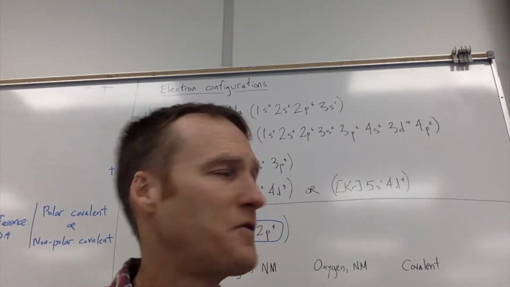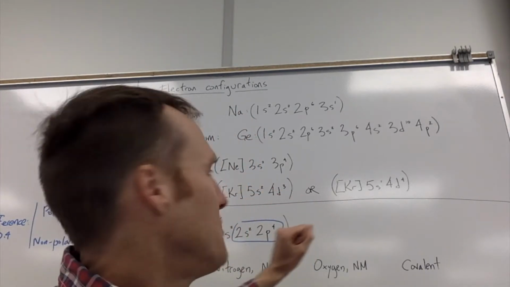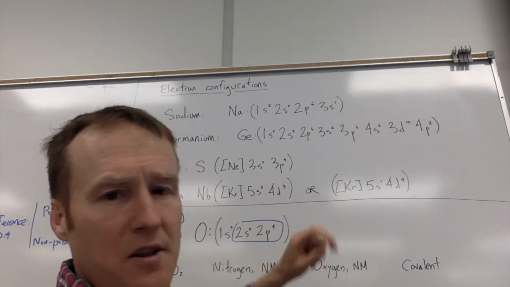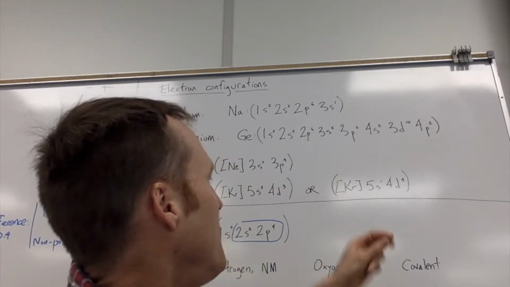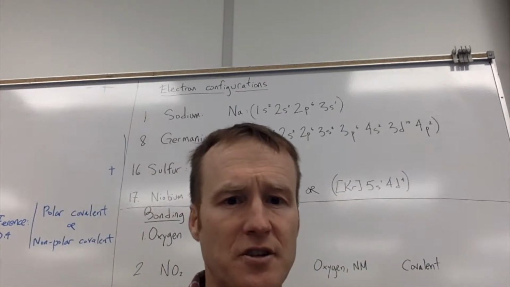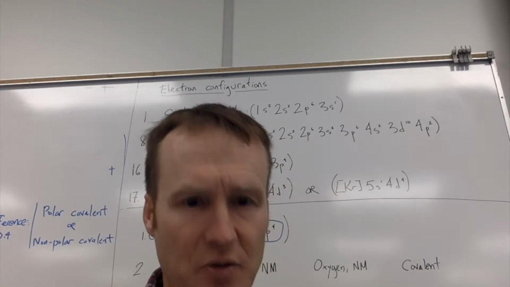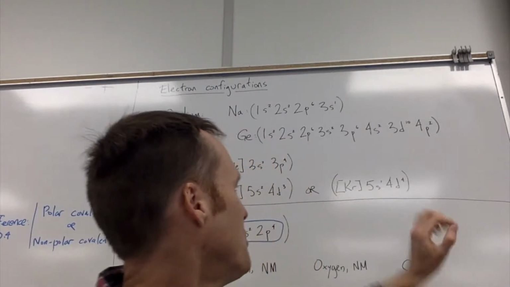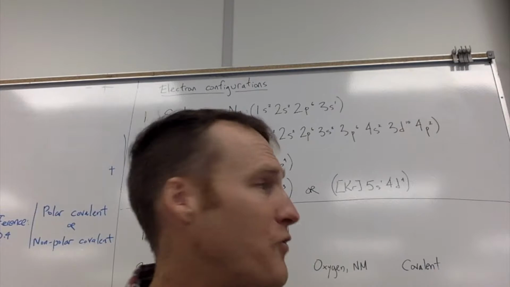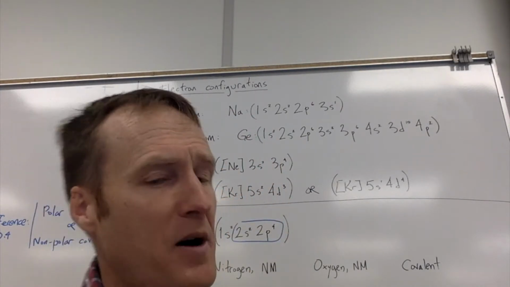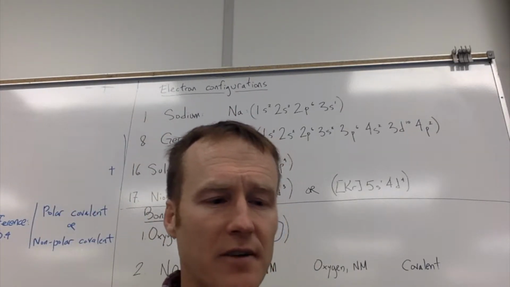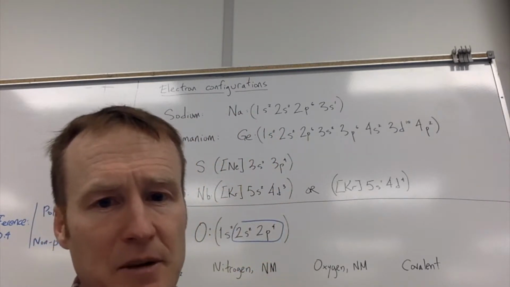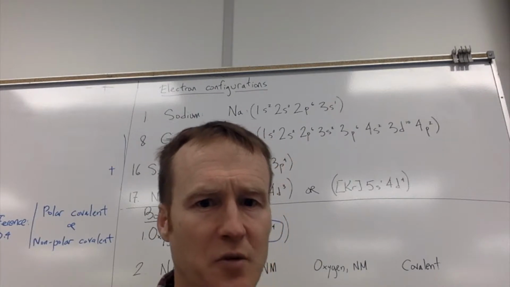So for niobium, for example, in core configuration, we end up with the krypton core. 5s2, 4d3 is what you might expect, whereas in reality, an electron gets stolen from the 5s orbital and goes onto the 4d orbital, so you end up with krypton 5s1, 4d4. And for sulfur, by the way, your core is neon, and then your valence shell electrons are going to be 3s2, 3p4. Pretty straightforward stuff.